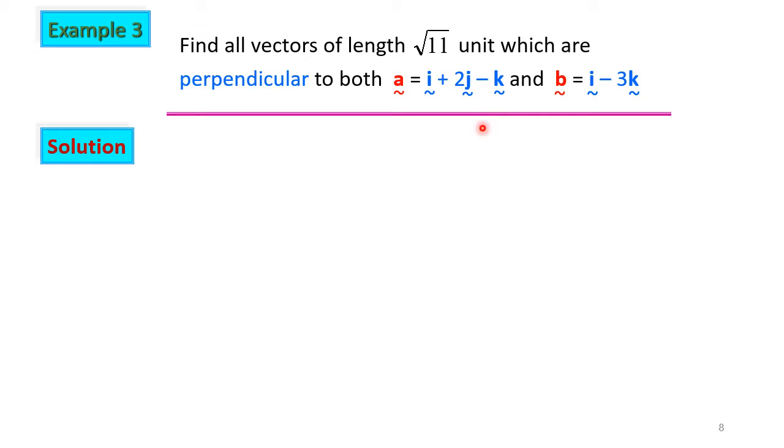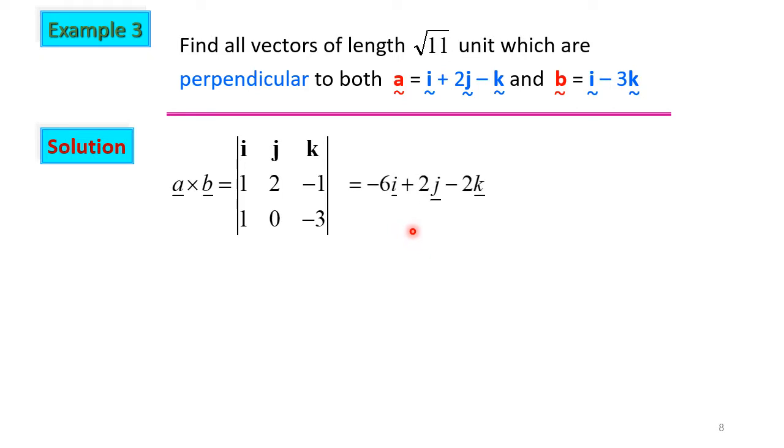Because the cross product itself should be perpendicular to both these vectors. So first we find the cross product of AB. No need to explain anymore, you should know how to use the cross product, so just give the answer. The answer will be negative 6i plus 2j minus 2k.